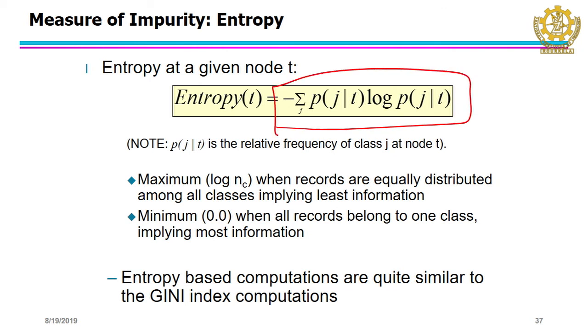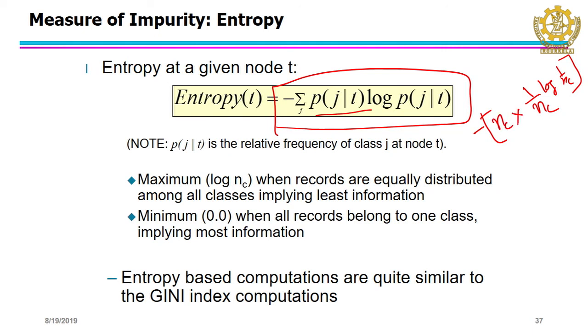Summation over classes. So, you have a minus, NC into PJT, right. PJT is what? 1 by NC, and then what is log PJT? Again log of 1 by NC. You get this many terms, for each object: 1 by NC into log 1 by NC, and then how many terms you will get, that is NC.